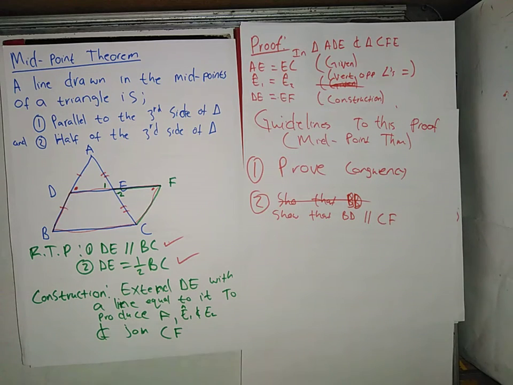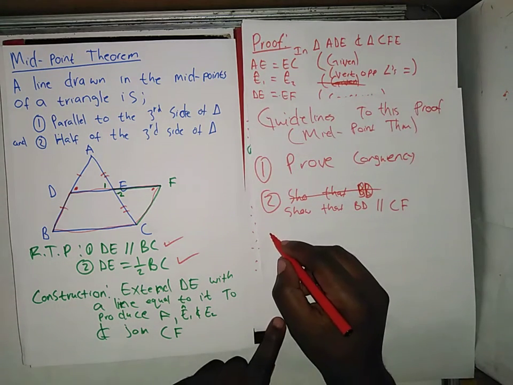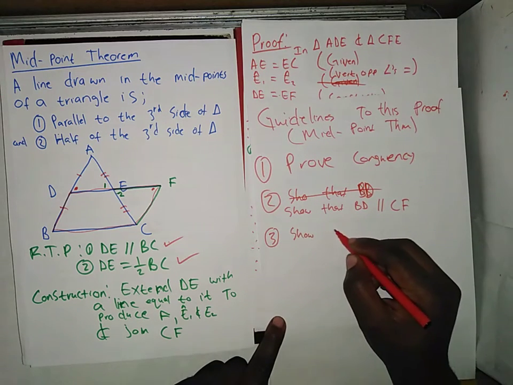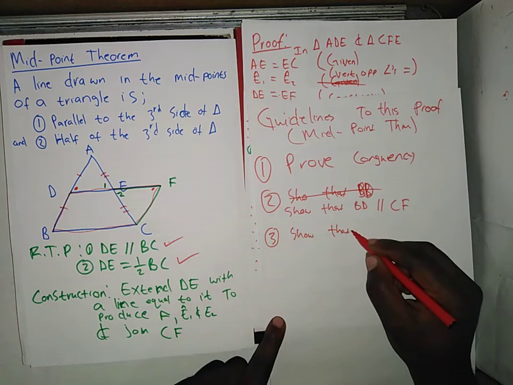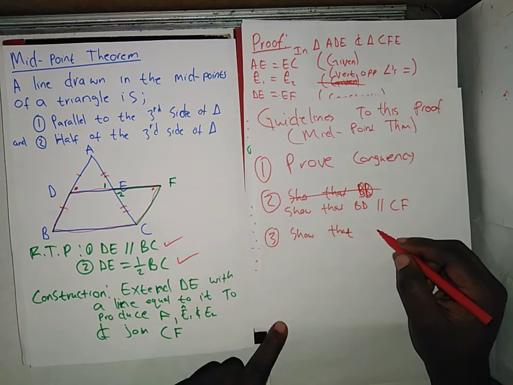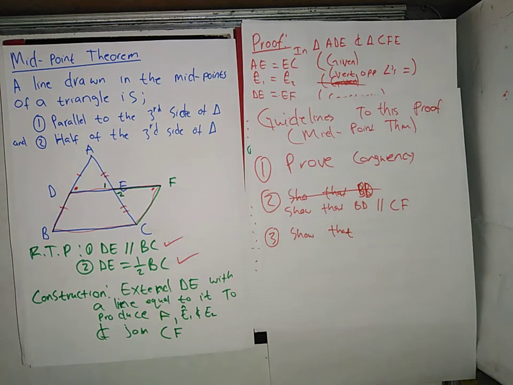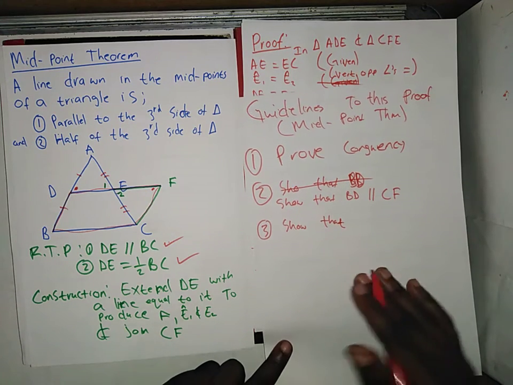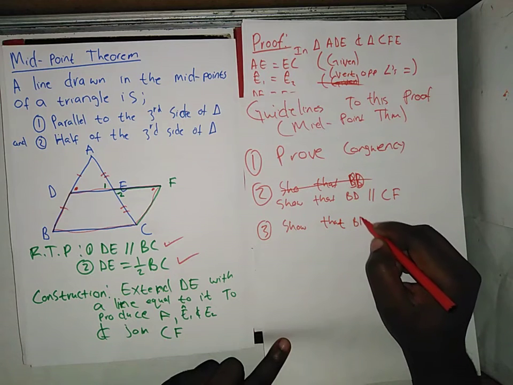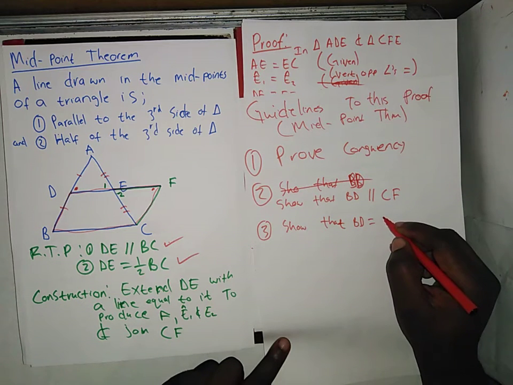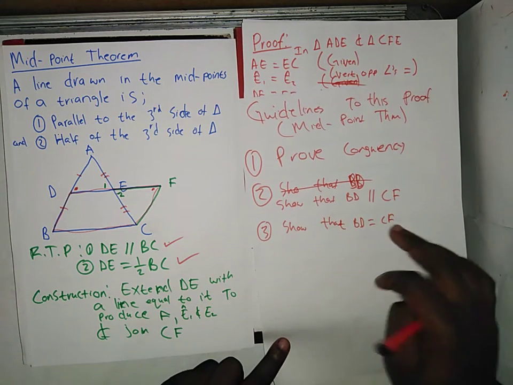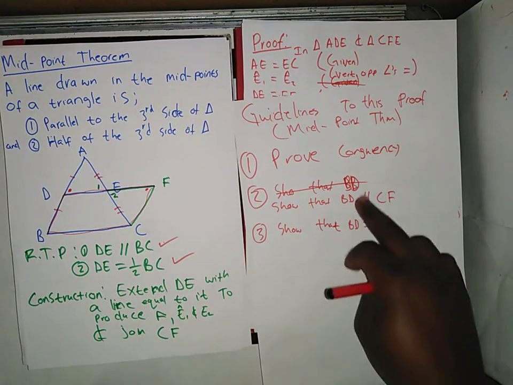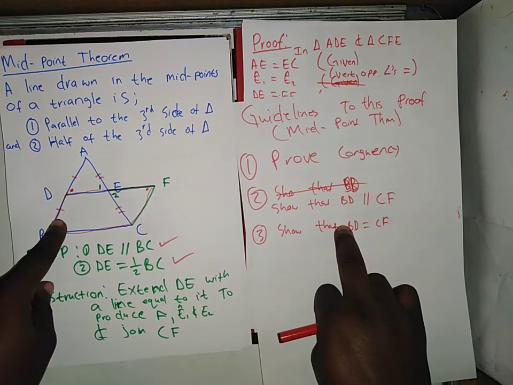And then one of the milestones that you must follow after that, the third one, you must show that, okay, you've shown that this is parallel to this one. Now show that BD is equal to CF, because this is a very important milestone. So you show that this is equal to this, and these two will then give you a parallelogram.